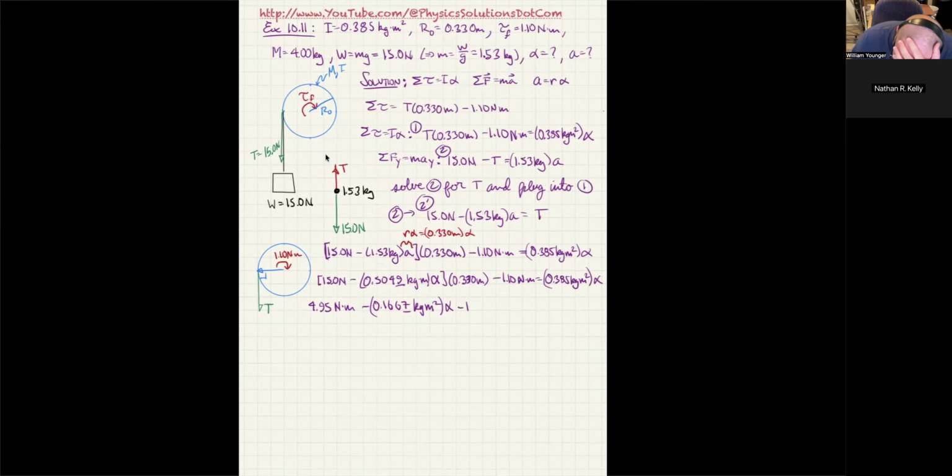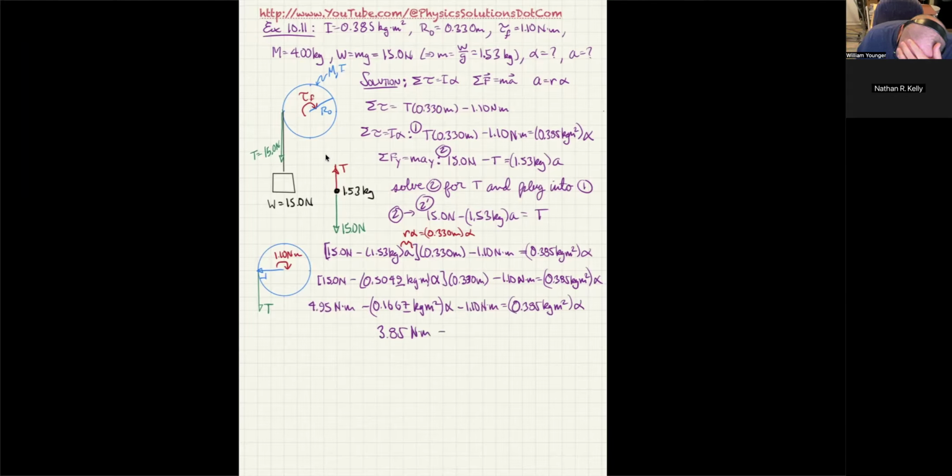And then we're going to say minus 1.10 Newton meters, and all that's equal to 0.385 kilograms meters squared. And again, you see the times alpha. So what we're going to do now is pull the alphas over to the right hand side, and then the left hand side is going to become 3.85 Newton meters, which, remember, that's the same thing we got for the left hand side on the previous problem.